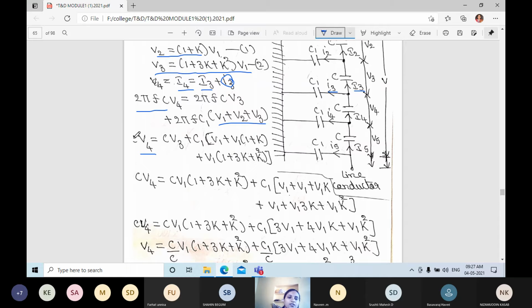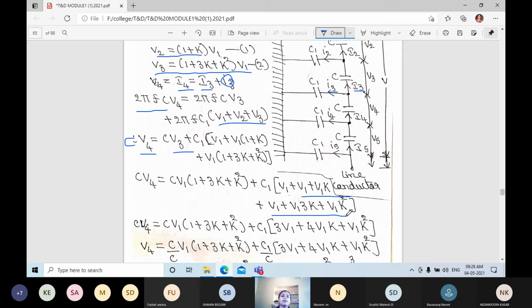They have taken V1 common on one side and multiplied: V1 plus V1 into K, you'll get C into V1. The V3 value is again V1 into 1 plus 3K plus K square. Substitute the value of V3: V1 plus V1K plus again V1 plus V1 into 3K plus V1 K square.